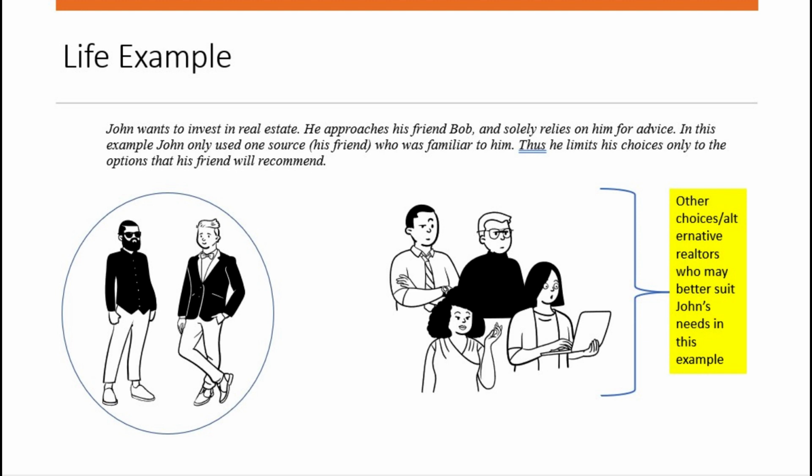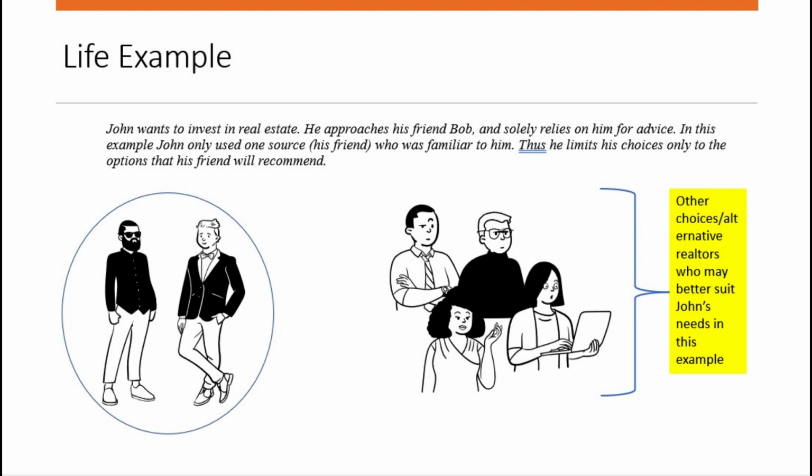Thus, he limits his choices only to options that Bob will recommend. Now, there may be other realtors who have more information or who may be more equipped to fulfill the needs of John. So John will miss out on those alternatives because he's only using his friend Bob's recommendation and advice. Why? Because he's more available to him. He's more familiar to him.